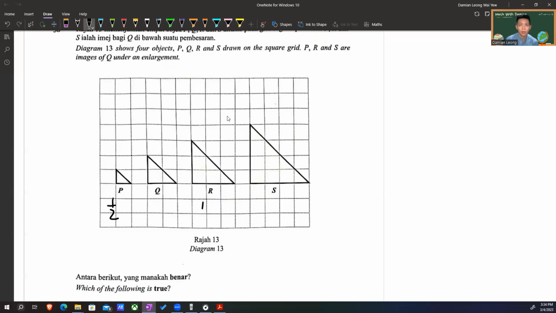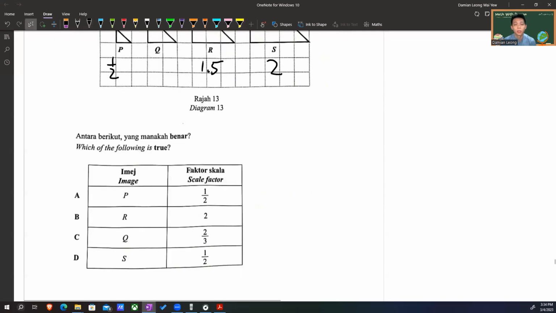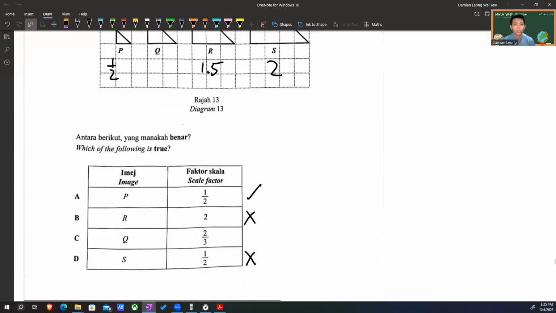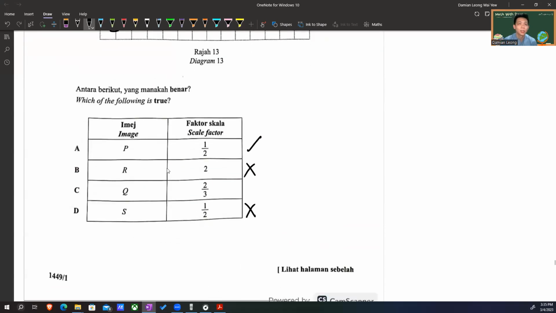This is 1.5 times, and this is double of it. So that would be the scale factors. So scale factor half correct, scale factor 2 wrong, scale factor half also wrong. It should be 2. Scale factor Q compared to Q should be 1 because it doesn't make sense for it to change size, it's the same thing. So answer would obviously be A.